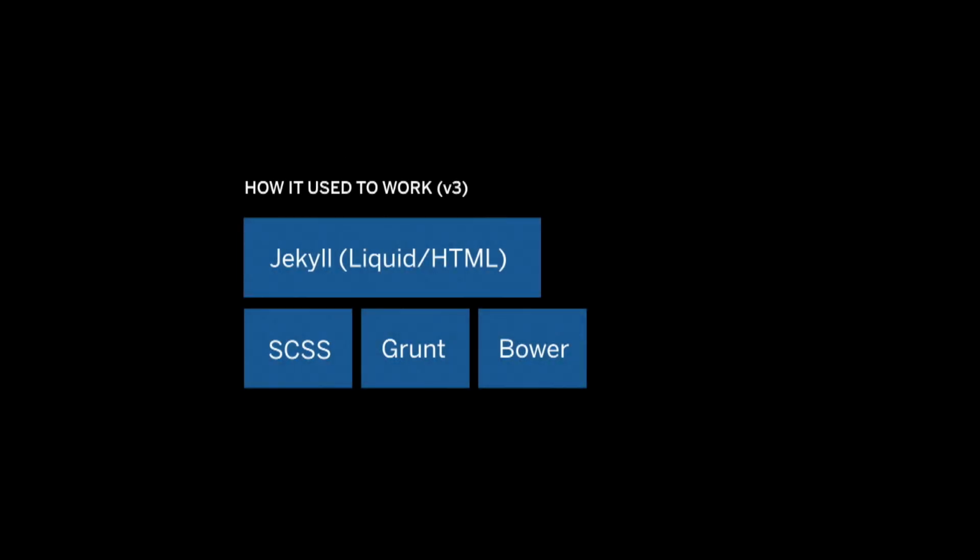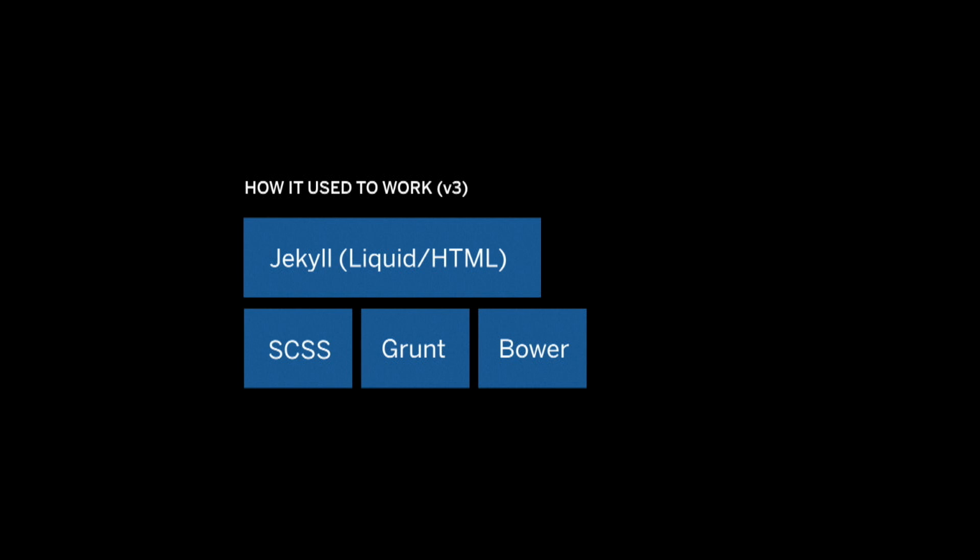So what ended up happening was that we started using Jekyll in a lot of our work, and the tech stack evolved to use Jekyll. At the time, Grunt was becoming popular, so we would use Grunt to compile our SCSS. We would use Bower, which nobody, I think, uses anymore because it's all NPM these days, to do our package management.